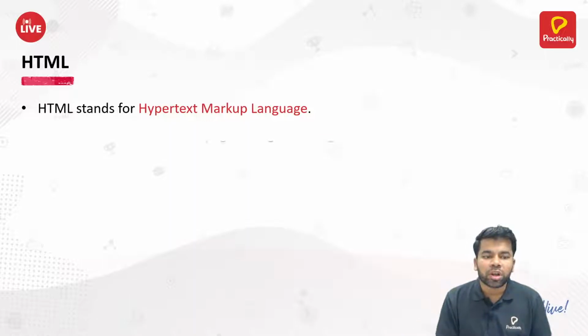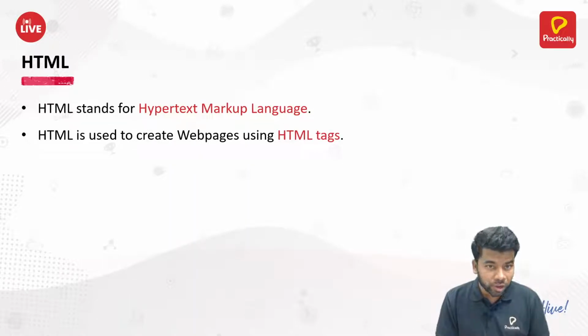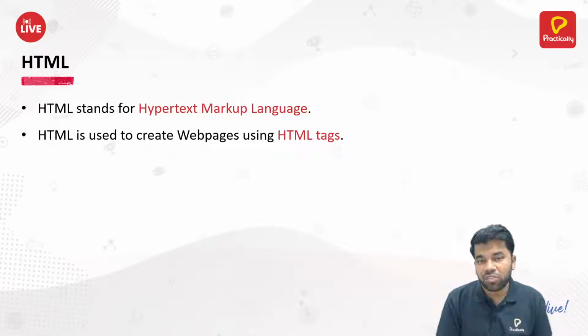There are some rules which are defined, some tags which we have to use to upload our content on the internet. If you want to write any text, we can use the paragraph tag, p tag. If you want to embed an image in a web page, we can use the image tag, img.